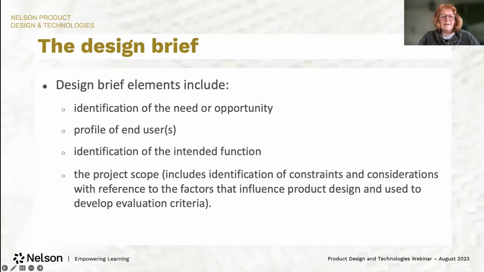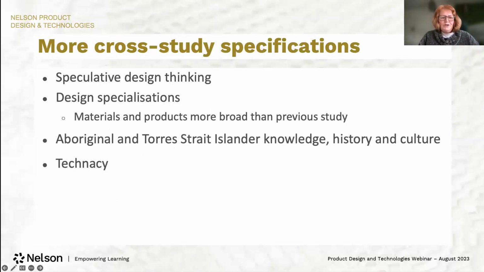And they're obviously developed with reference to the factors that influence product design. And they're then used for the students to develop their evaluation criteria. So there's a lot of familiar things that we are very comfortable with, but there are some new aspects of it and new ways of structuring, particularly the design brief. On to you, Jacinta.